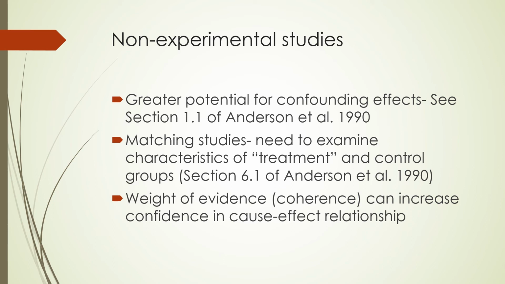But again, that makes intuitive sense. And especially in human health studies, if you're looking at the effects of some toxin in the environment, and you're looking at an association between the levels of that toxin and some health effect, oftentimes you'll find that areas where one toxin is at high levels, there may be many other toxins that occur in that area at high levels.